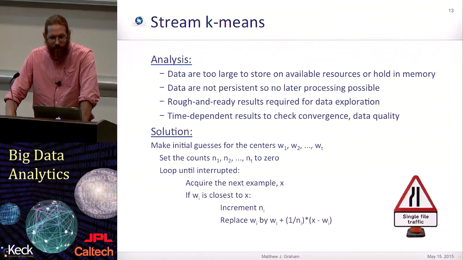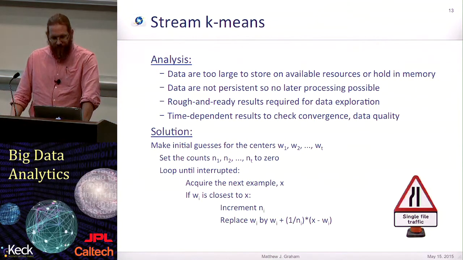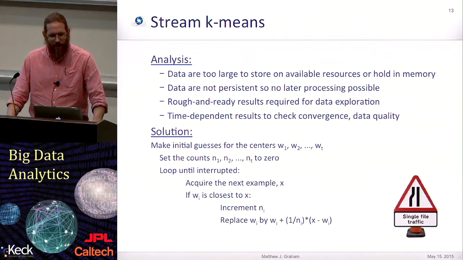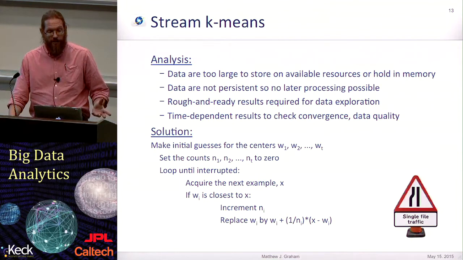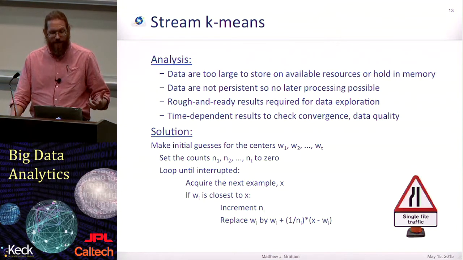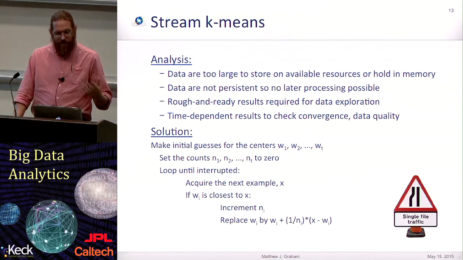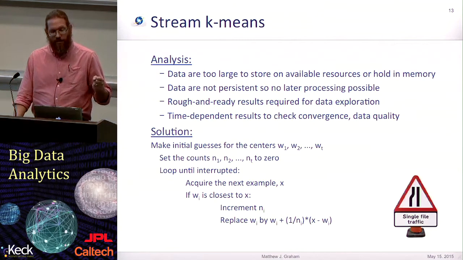So a way to have an online or a streaming algorithm of k-means is that in this case you would make initial guesses for your cluster centers, and then you set a number of counts for each cluster center to 0, and you start looping in the following way.